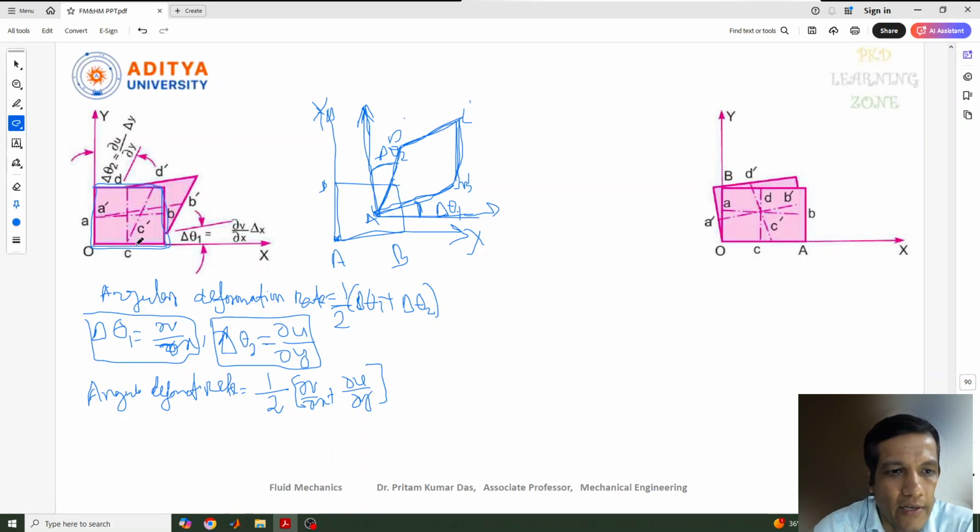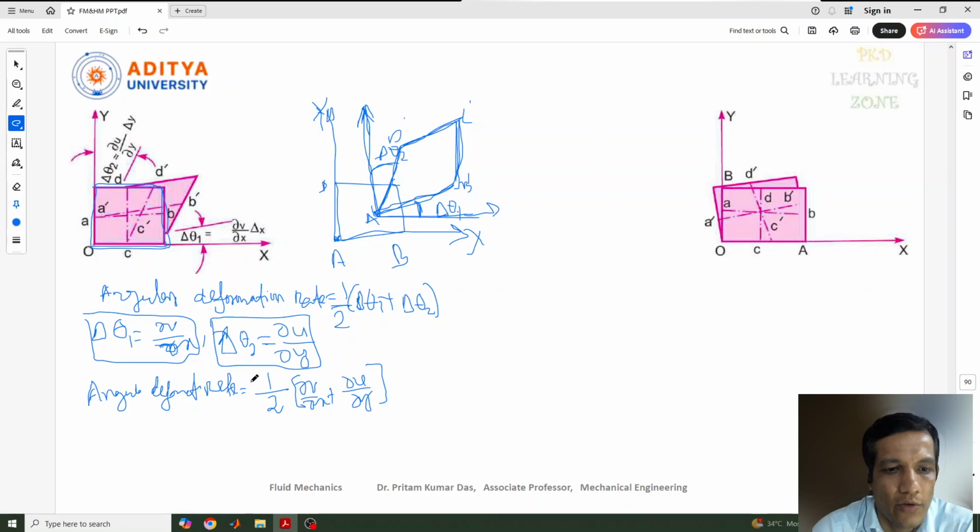Or else we can consider del u by del x and del v by del y. There is no problem in that. We can consider whichever velocity we take in the x direction or the y direction. It depends on that. So there is no confusion, like v here, x here and u, y, because basically along the u direction we consider only x. But here we are taking the changes that happen in both directions.